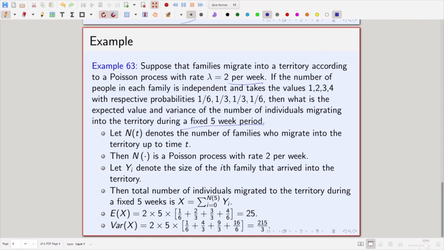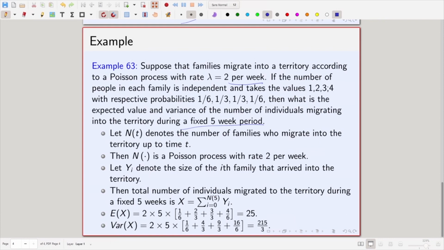Now, let N_t denote the number of families who migrate into the territory up to time t. Before starting, remember that the number of people in each family is independent, and this number is also independent of the arrival process.